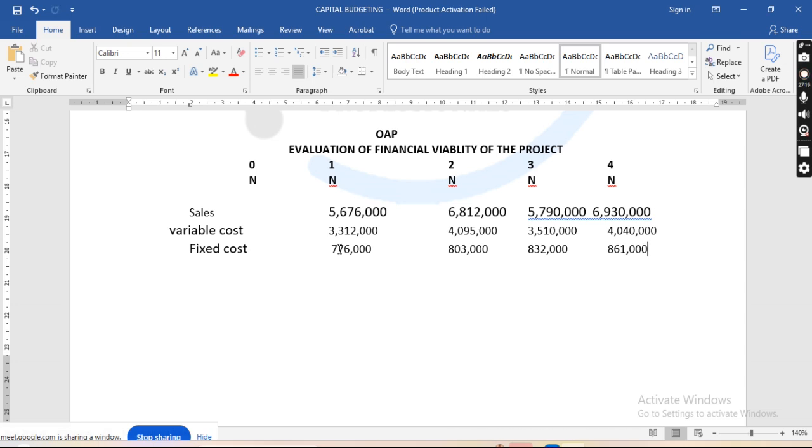After that, sales, variable cost, fixed cost, right? So you could say less. You can just put less here. Okay, we move on. So just give me the figure.